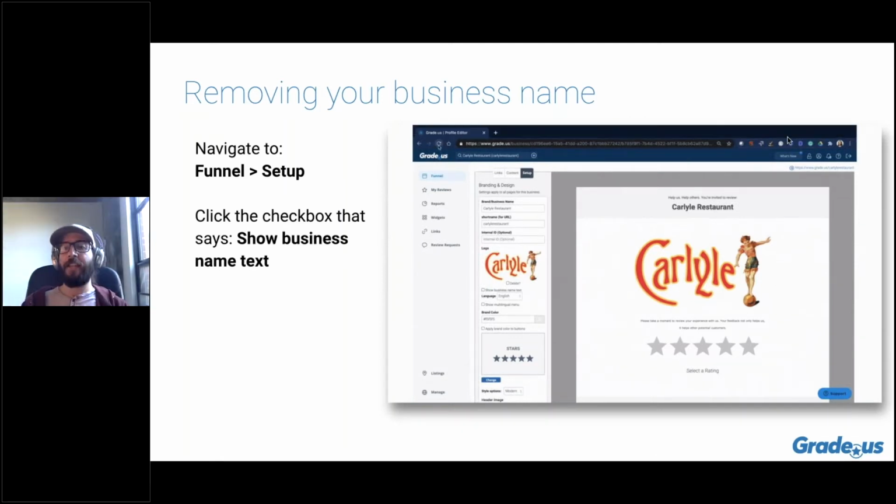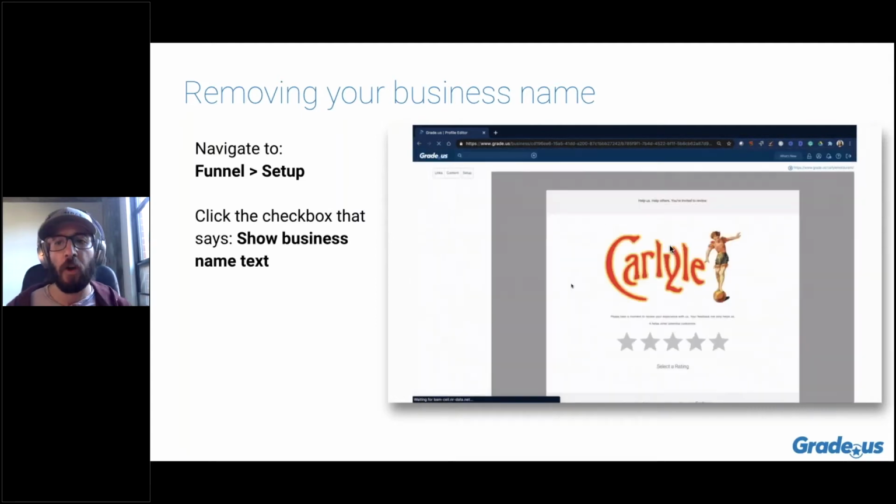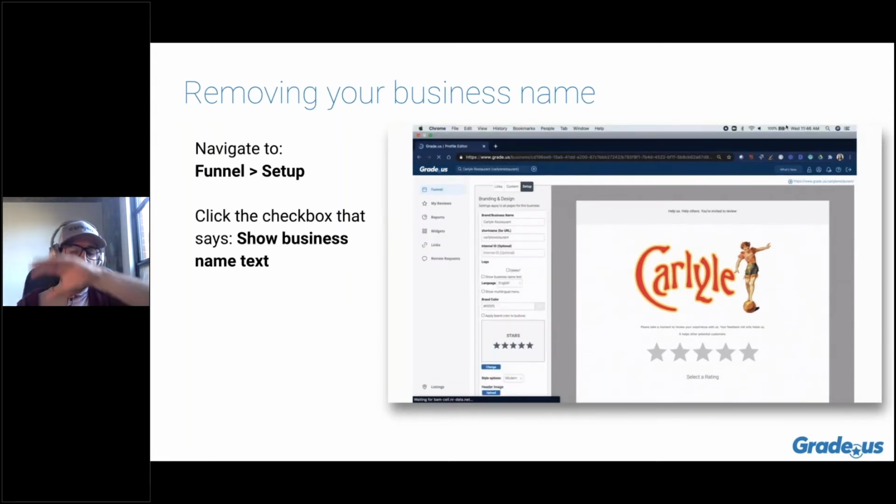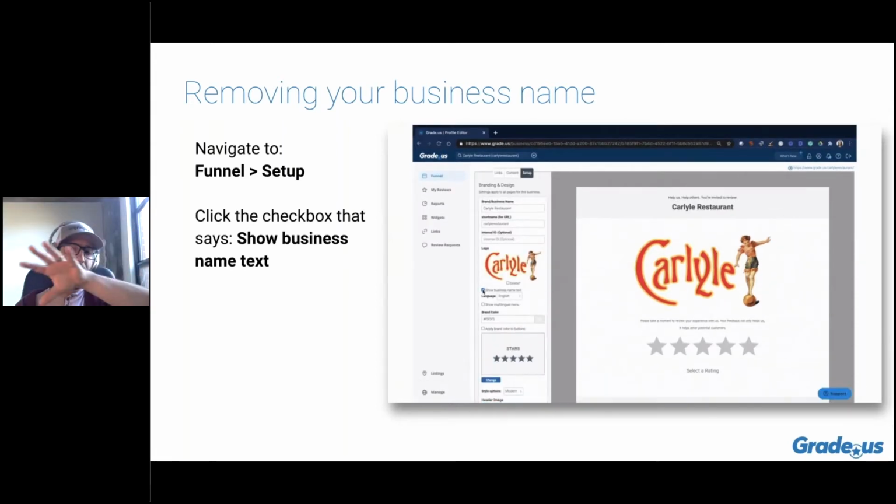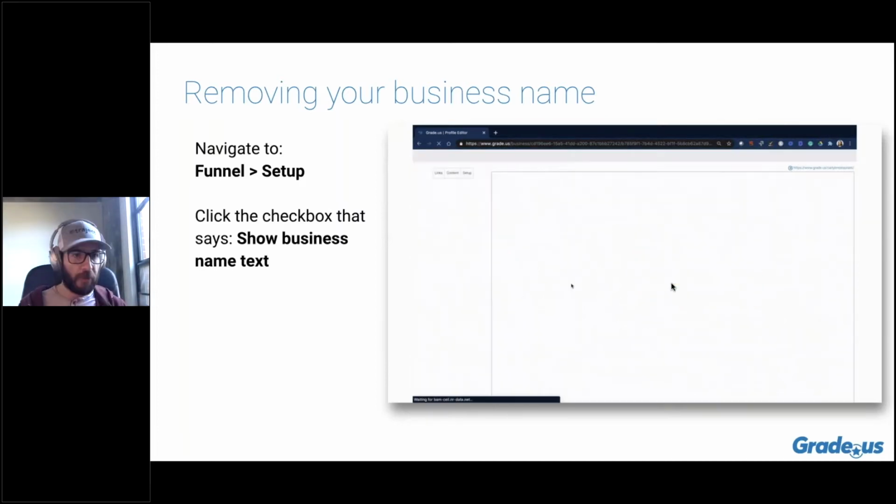Just by unchecking it, you remove the text for the business name. I usually recommend this if you're just putting up your own logo and you don't want your text in there, or if you don't want any text in the header. It works effectively.